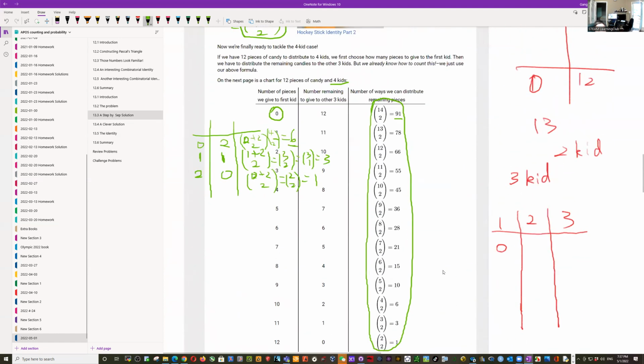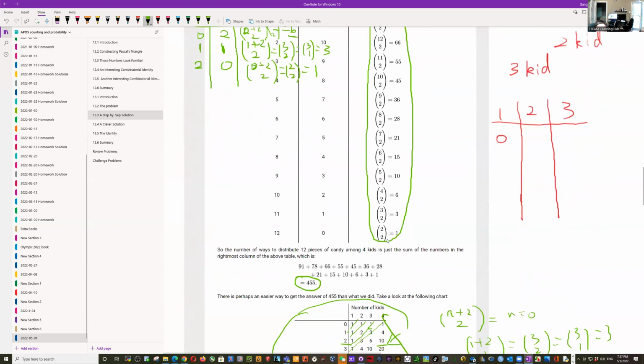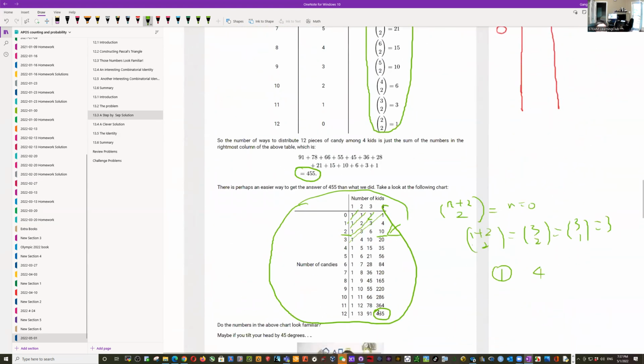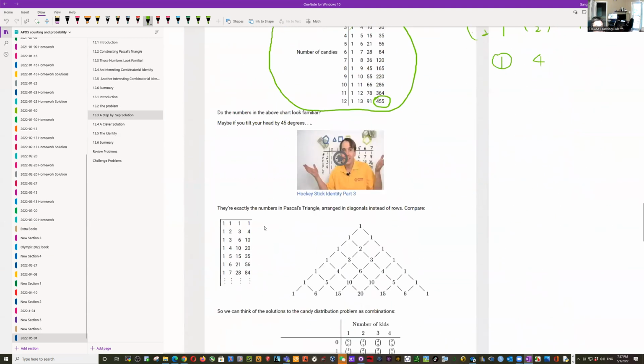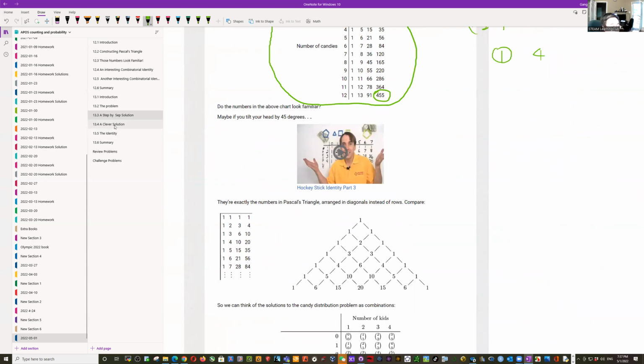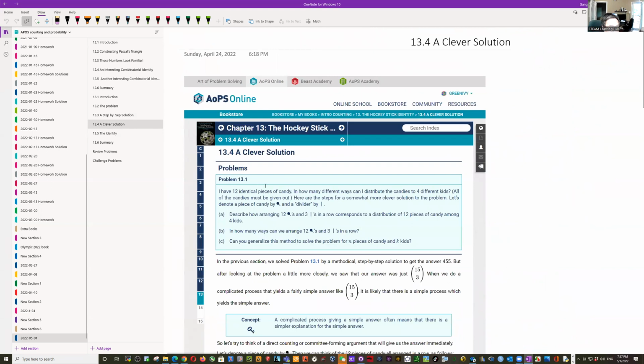If you build upon the values from the solved problem of the 3-kid problem, these are the numbers that add up to 15 choose 3. And how does it look in the Pascal triangle? So this is the clever way. We already taught that before. This is just stars and bars. So I'm not going to go through this one.